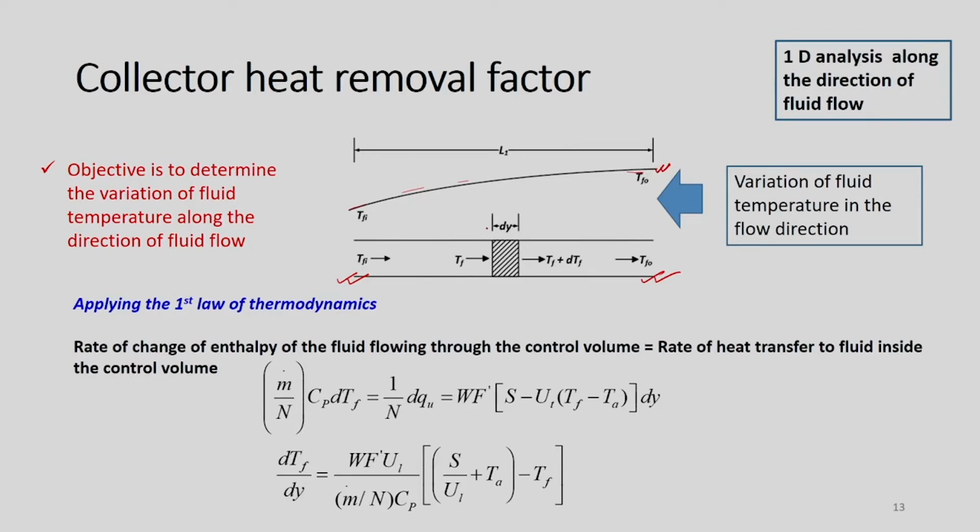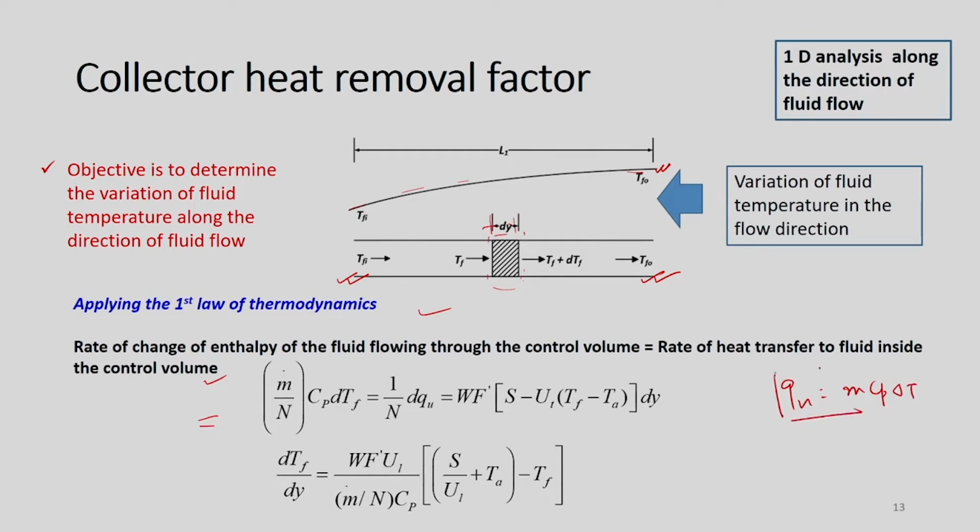So, if we consider a small control volume here, dy is the thickness, and if we apply the first law of thermodynamics, that is, the rate of change of enthalpy of the fluid flowing through the control volume is equal to the rate of heat transfer to the fluid inside the control volume. Then it will be something like this, because we know QU is equal to m Cp dT.